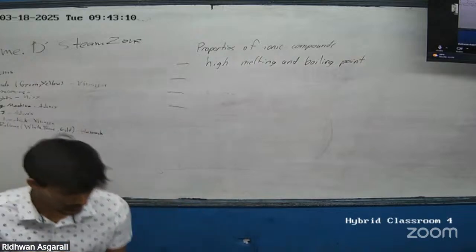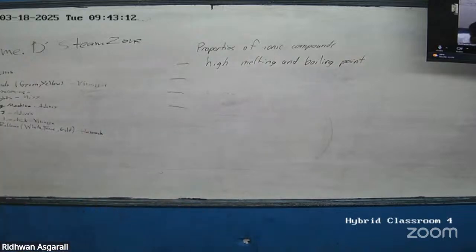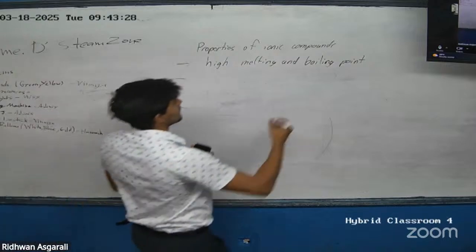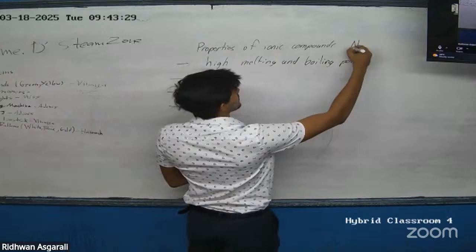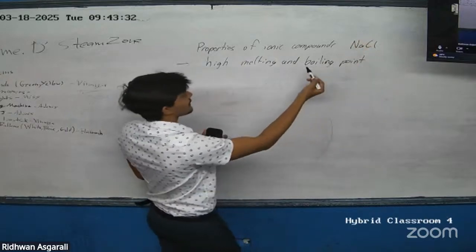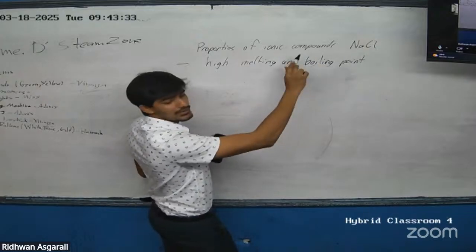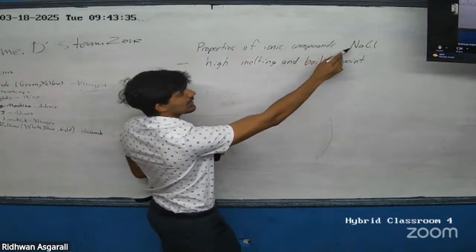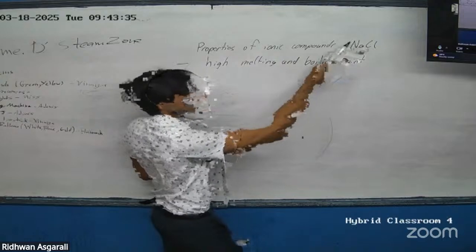Okay, somebody give me an example of an ionic compound. H2O? No. The easiest example to remember for an ionic compound is sodium chloride, which is salt. All these properties listed here are for salt. We know this is an ionic compound because sodium is a metal and chlorine is a non-metal.